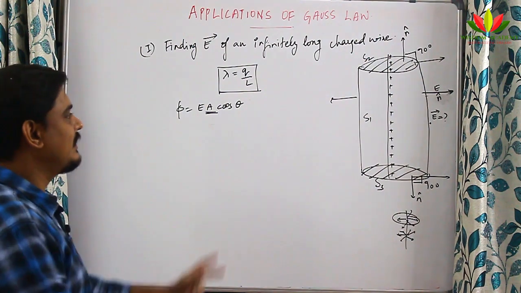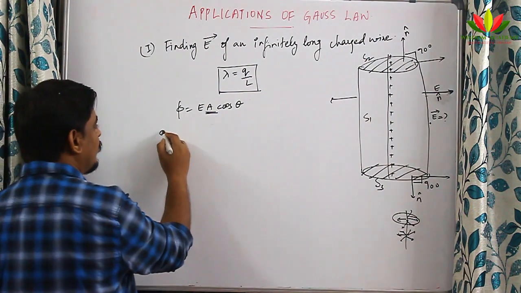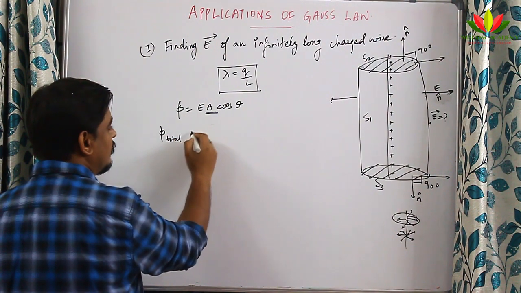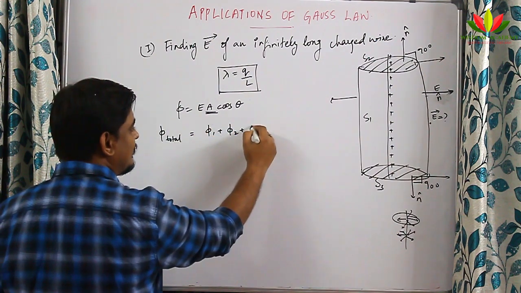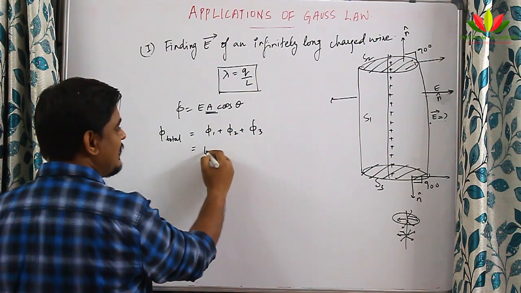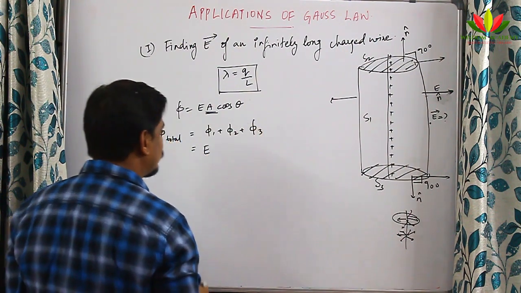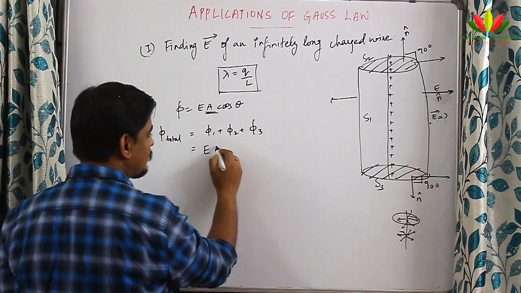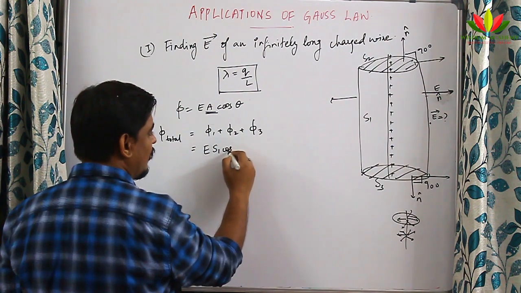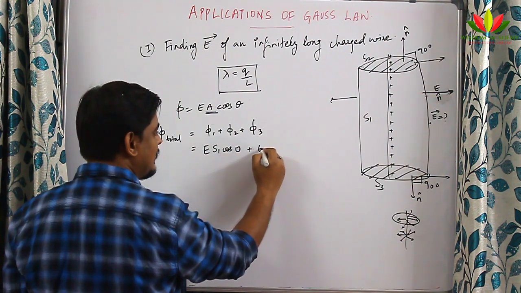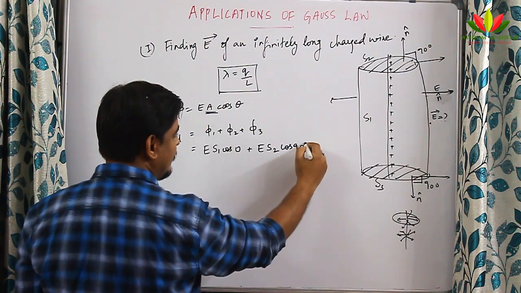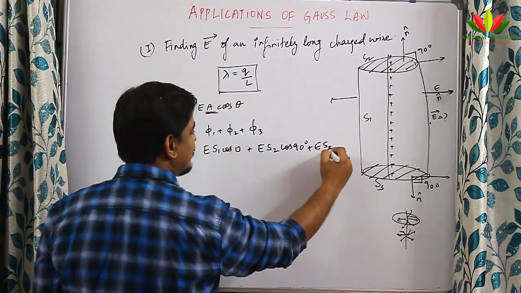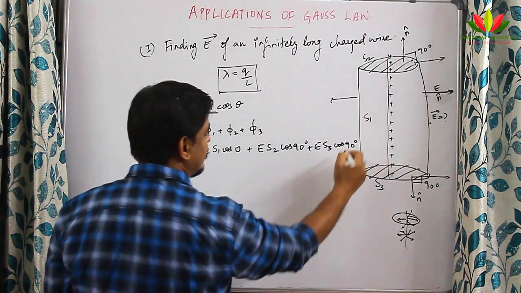When I want to find the net flux, phi total will be equal to phi 1 plus phi 2 plus phi 3, which equals E into S1 cos 0 degree plus E into S2 cos 90 degree plus E into S3 cos 90 degree.